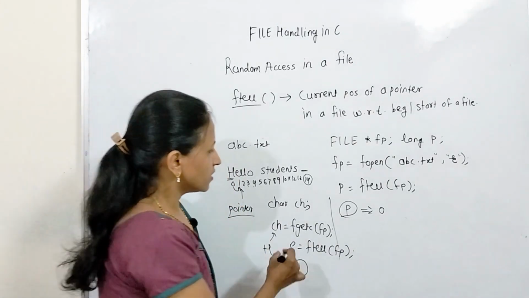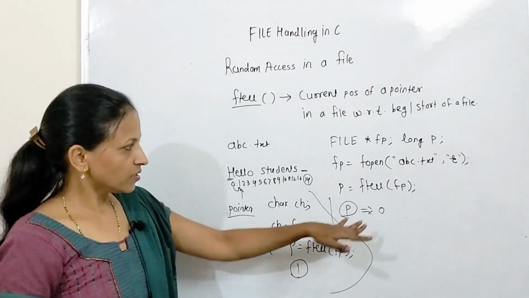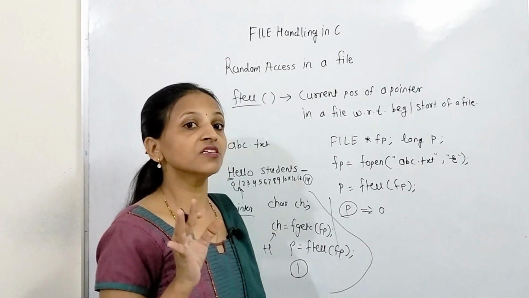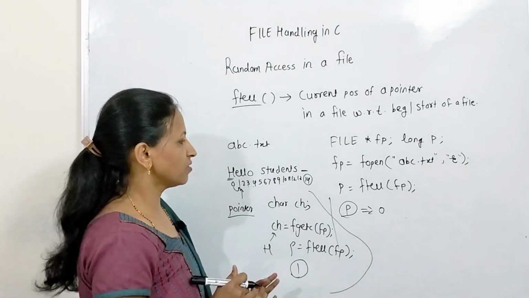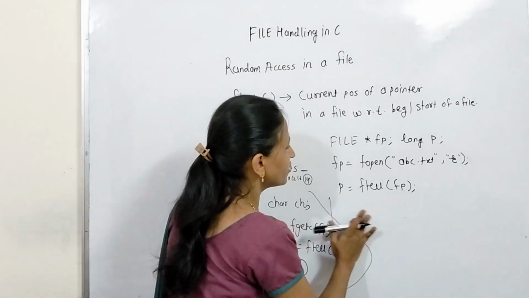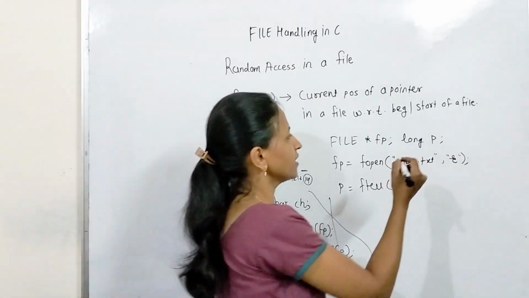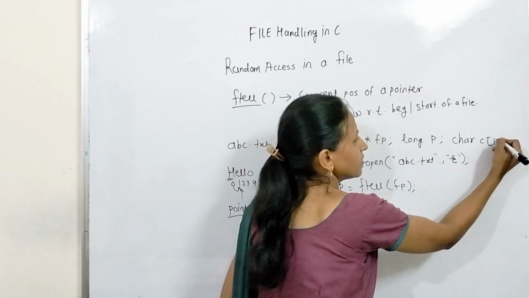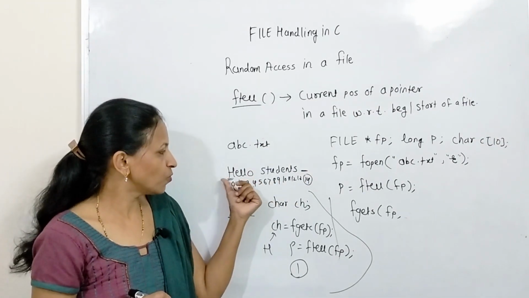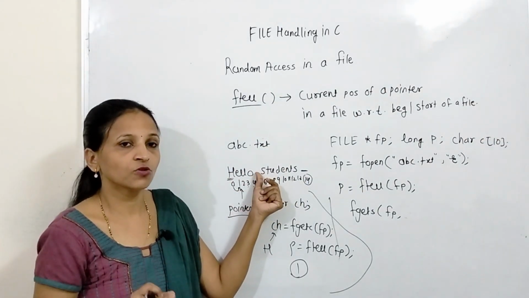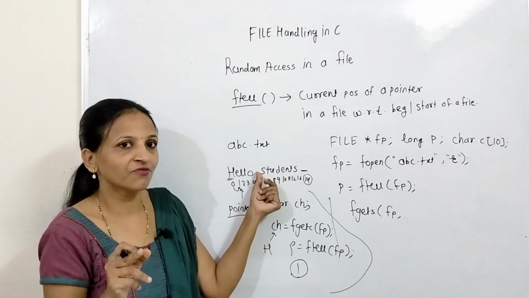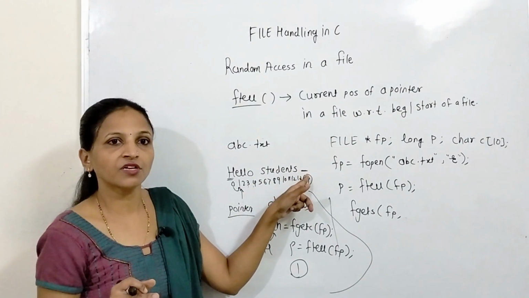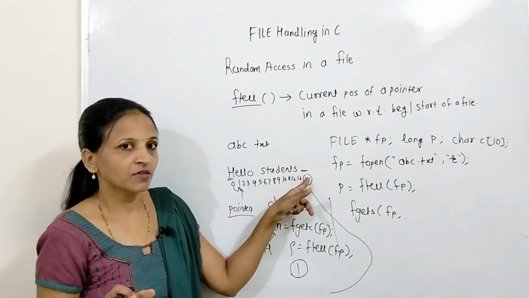See, again instead of this, let us say initially we have opened that file in read mode and I am reading a string from that file. Now let us see string. For that we have to declare one character array that will hold the string. Let character c of 10. I want to read only this part of the string, so I will apply the ftell function here again, because if I read using the fgetc function, the file pointer will be at the end again, but I don't want that.